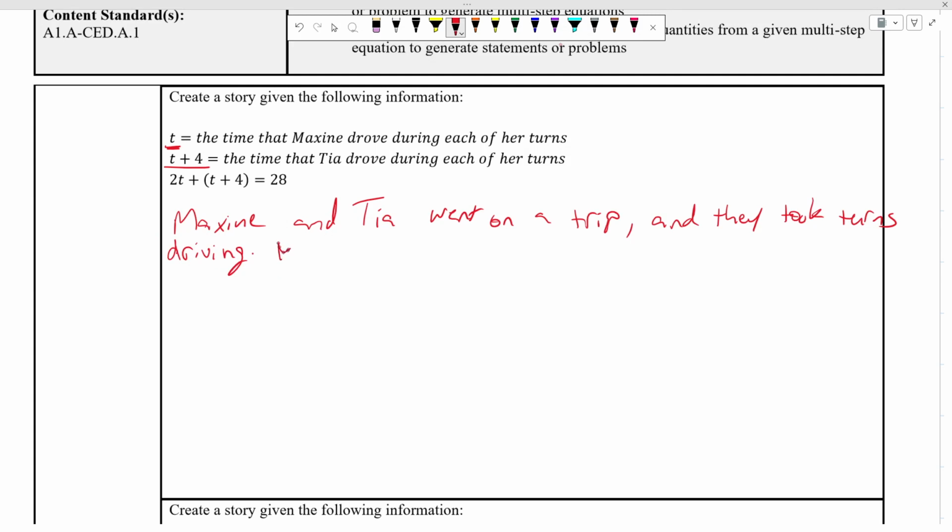Maxine took two turns, and let me explain that in a second. She took two turns.